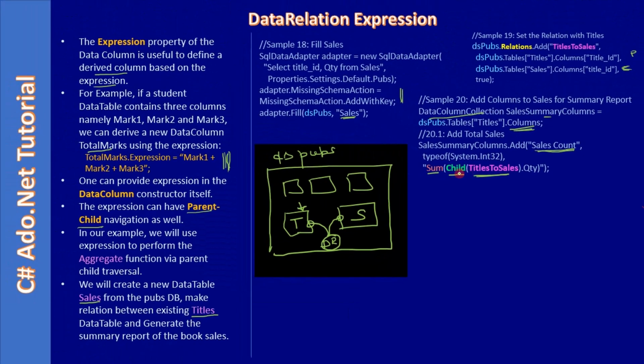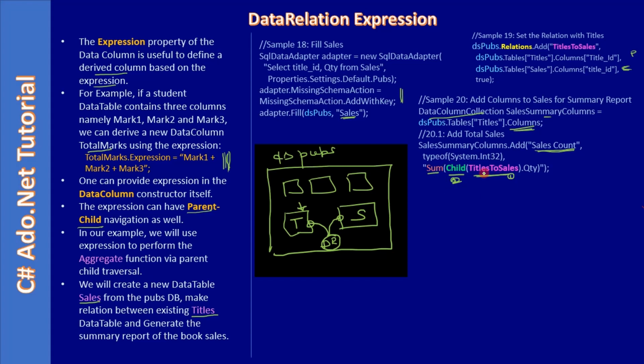So here the child of title to sales will give all the children for a given single title, and from there we are picking the quantity. There may be multiple quantities, right, so we are applying the sum. First we are giving the expression, then we are asking to pick all the children from that expression when we are making the derived column.